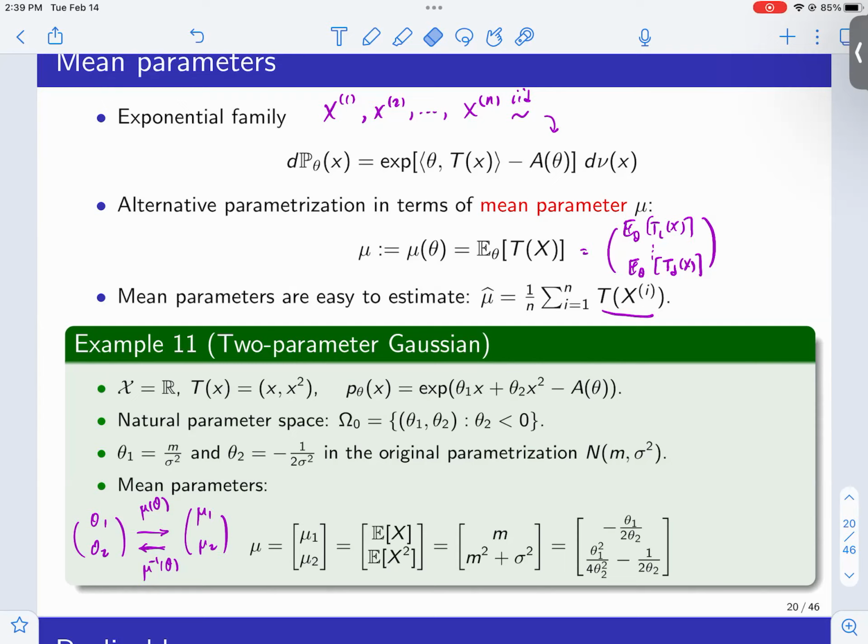So you have x and x squared. Can I get any set of mu1 and mu2 out of this family? So is it possible to recover any set of mu1 and mu2 that I want by an exponential family of this form? Or do mu1 and mu2 have to satisfy certain constraints?